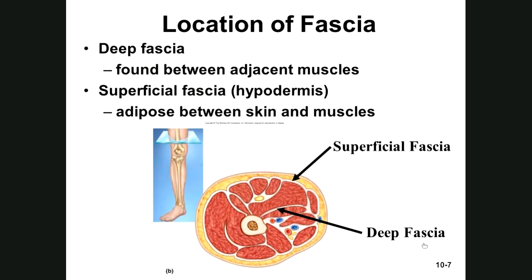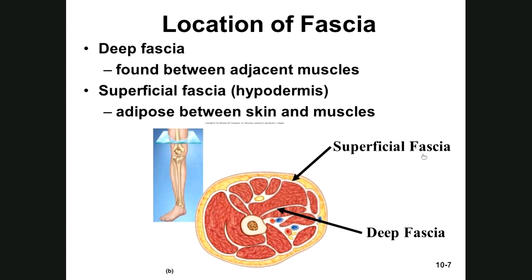These muscles should connect together, and they should be tightly near together. The deep fascia is the connective tissue located between the adjacent muscles and helps this connection. After that, we have another connective tissue, which we call superficial fascia.